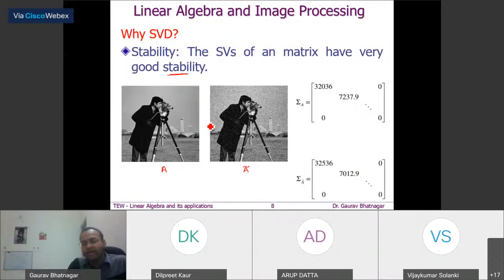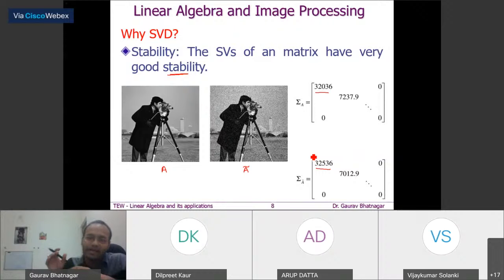If you find the singular values of A and A bar, then the highest singular value is going to be 32,036, and here I am going to get 30,536. Now if you look at the difference, it is low compared to the numbers themselves. Basically, in this scenario, you have to look at an error tolerance.